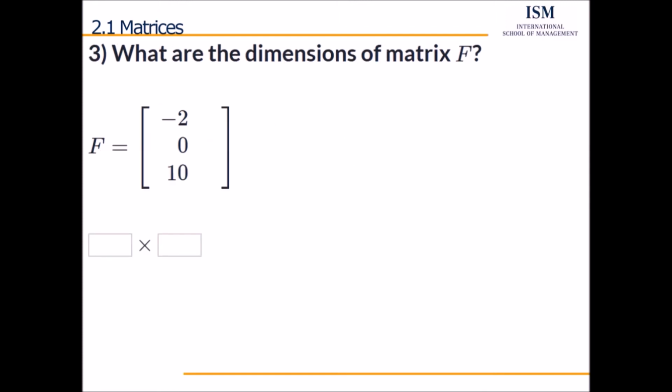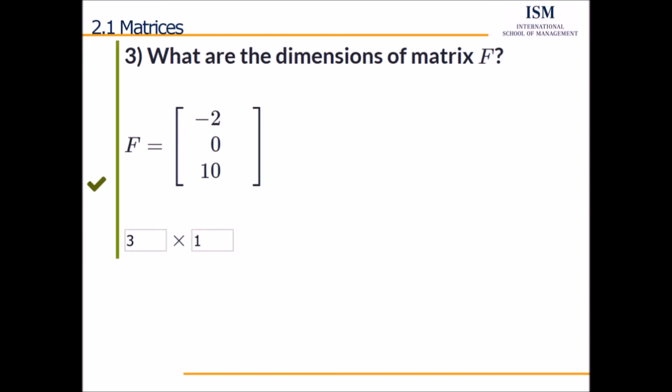Question number 3, what are the dimensions of matrix F? The answer is matrix F is a 3 by 1 matrix because matrix F has 3 rows and 1 column. By the way, matrix F is also a column vector.